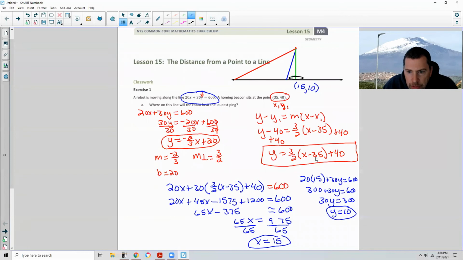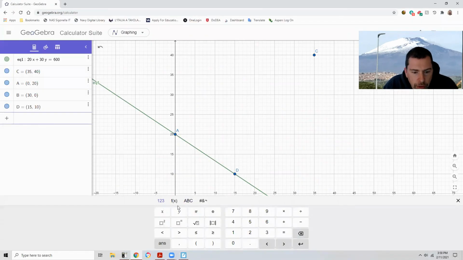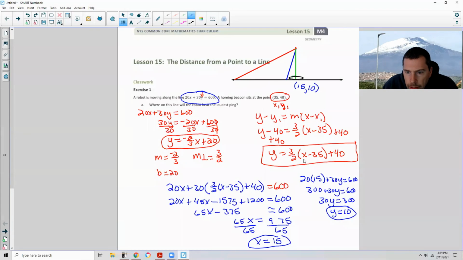3/2 x minus 35 plus 40. So now if I put y equals 3/2, let's see, delete, arrow out of that, 3/2 x, okay, minus 35 plus 40.